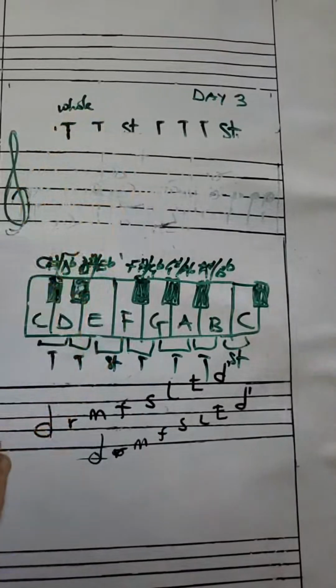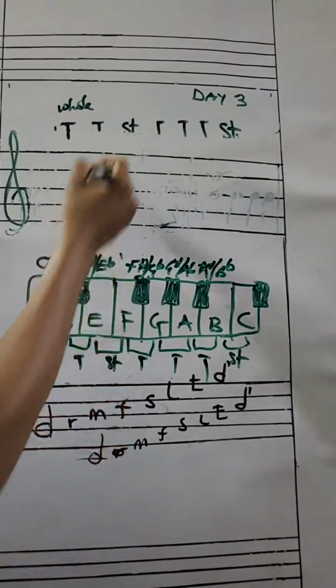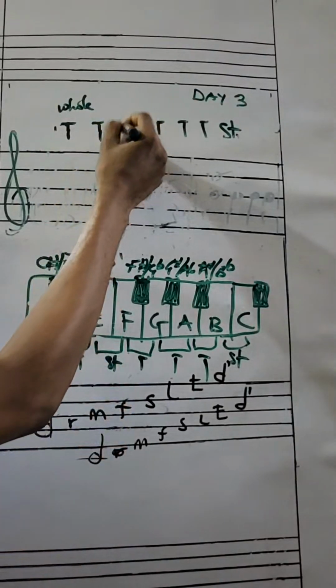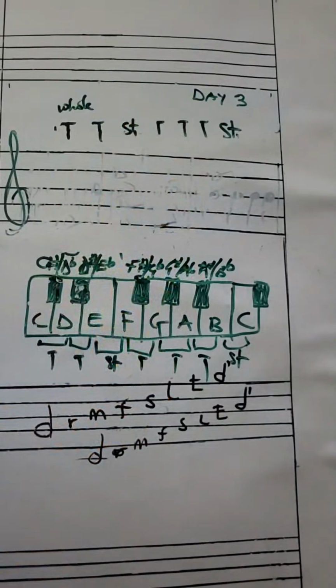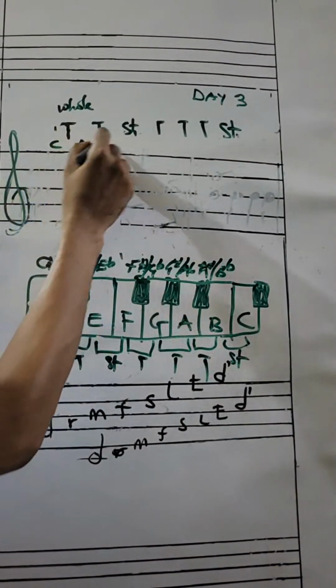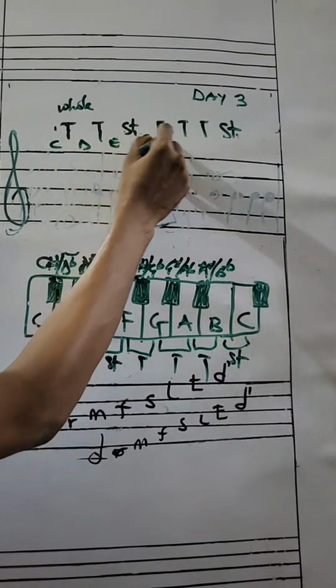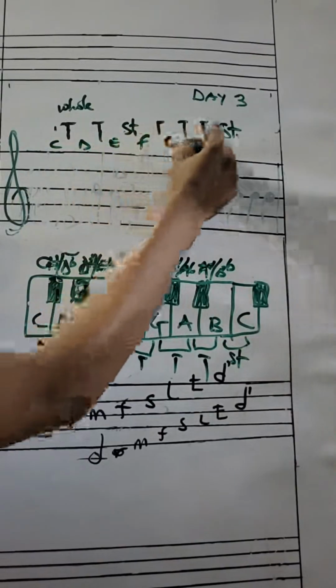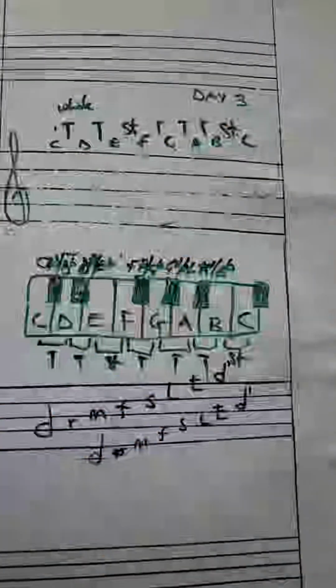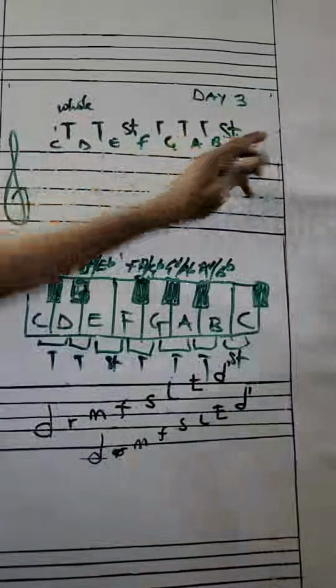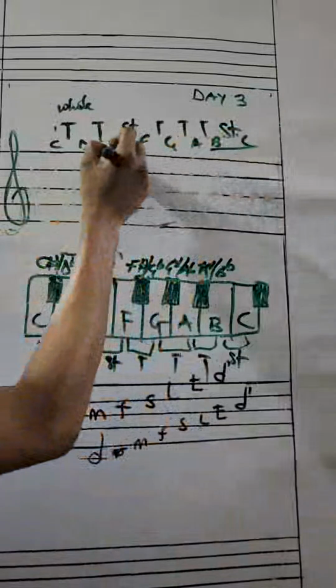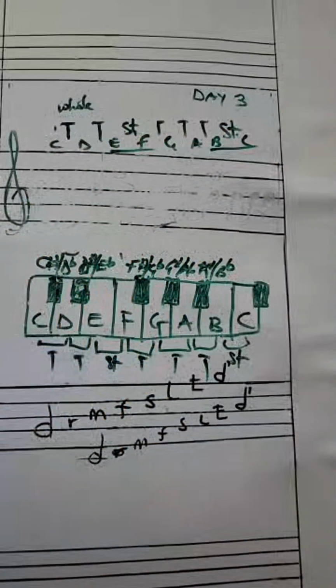The most common of all is this major scale, and this is how it is built: tone, tone, semitone, tone, tone, tone, semitone. So if you have your C, this is going to be your C, D, E, F, G, A, B, and C. Between B and C, we have a semitone. Between E and F, we have a semitone.